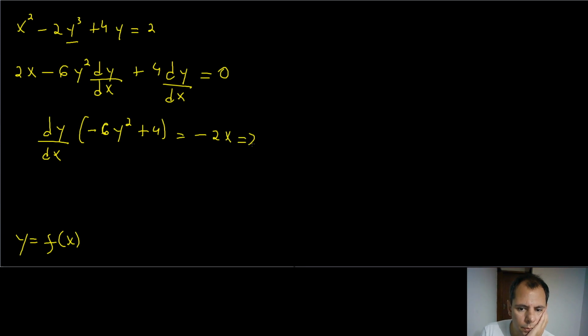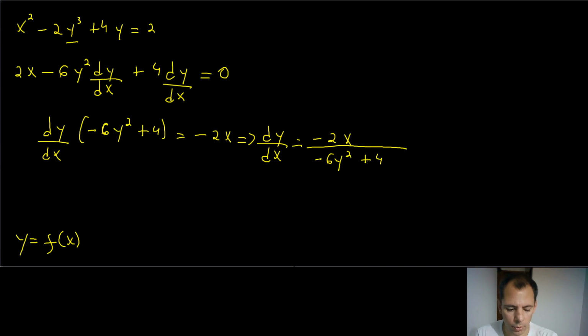So dy/dx equals minus 2x divided by minus 6y squared plus 4.